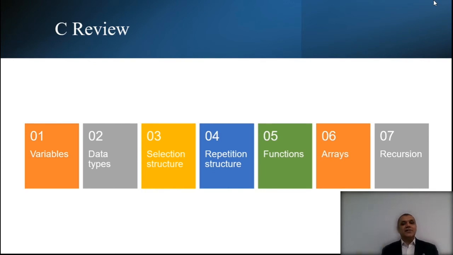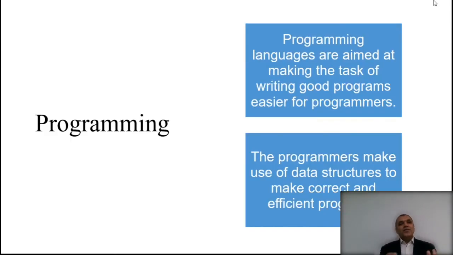We call them functions in C and methods in Java. And there are arrays, and how these things help us in terms of data structure. So it's very important to understand these things, as we will be able to use them for data structure purposes.